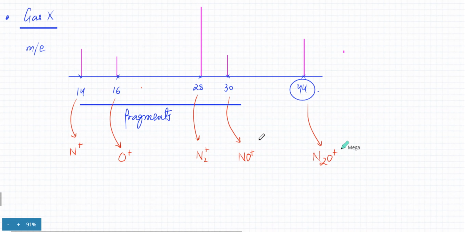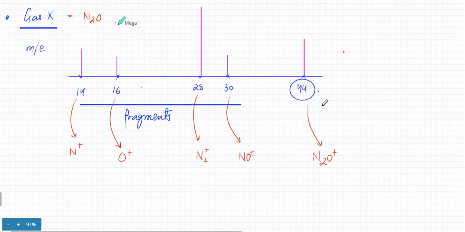Now, remember these fragments over here. These smaller particles are always a piece or a part of the bigger molecule over here, the molecular ion, which is over here. I mean, this gas X is basically N2O. Okay, we've been able to figure out what this gas is.